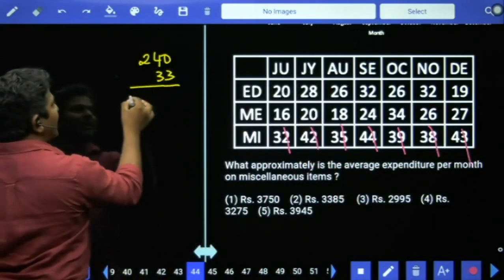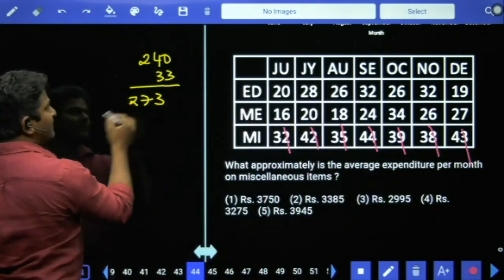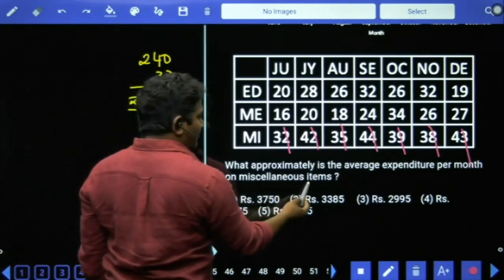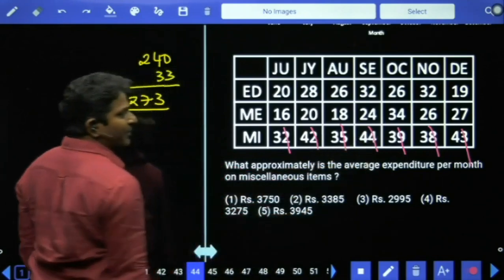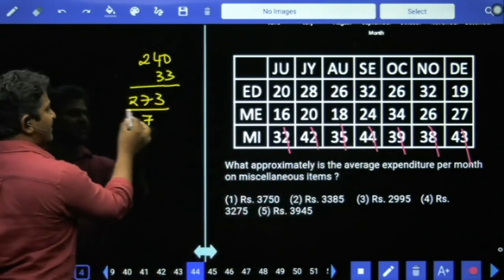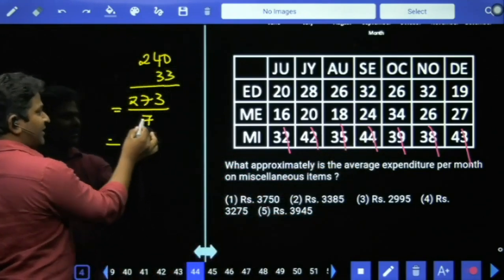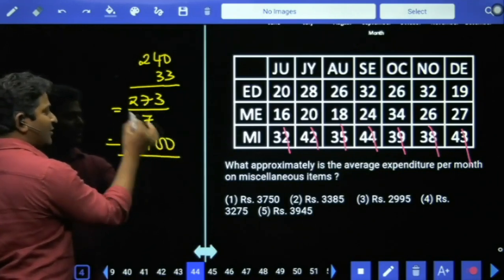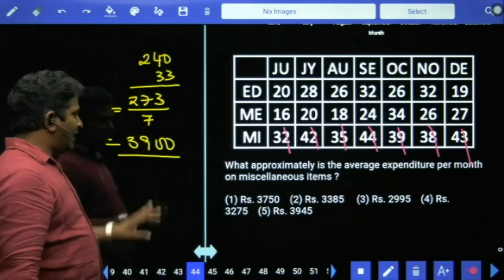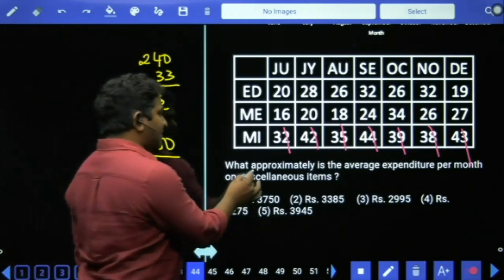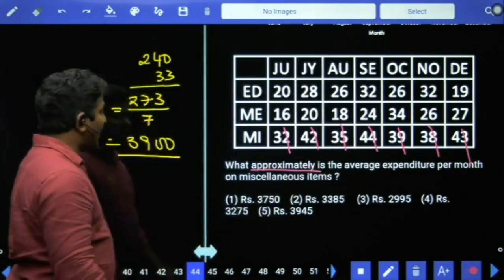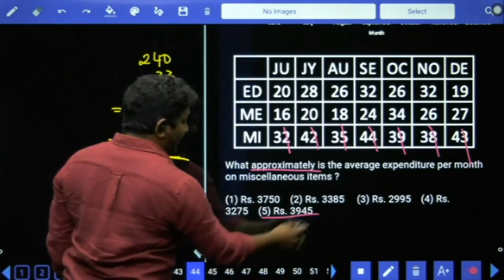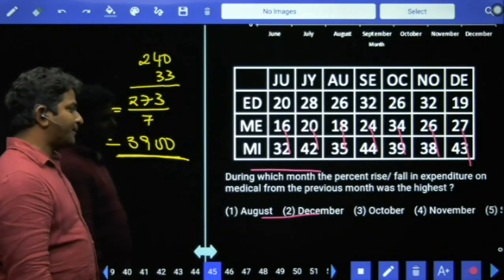Now sum of all the values is equal to 273 and divided by number of given months, which are 7 months, divided by 7. 7 3 is 21, 63 we have, 7 9 times. So as all the values are in 100, answer should be near about 3900. As your question is about approximately, answer must be approximate to 3900. Fifth option is our final answer.